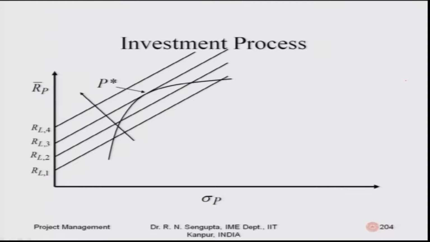So, consider the parallel lines which are there, which are inclined, and they have the values of RL comma 4, RL comma 3, RL comma 2, RL comma 1. These are different values of RL. So, what I want to do is consider that the efficient frontier is this curve which is given, and I want to find out that set of project portfolios which basically gives me the maximum return.